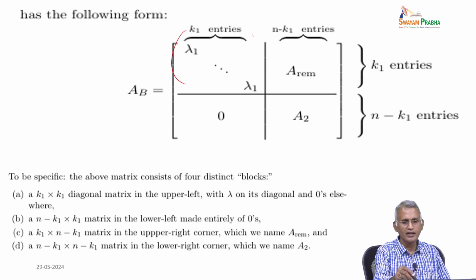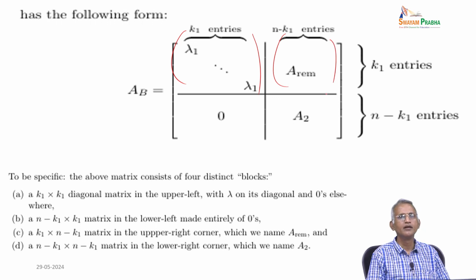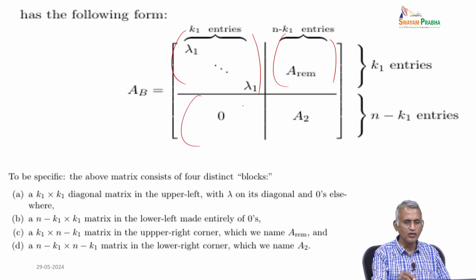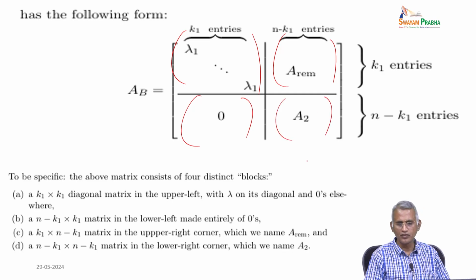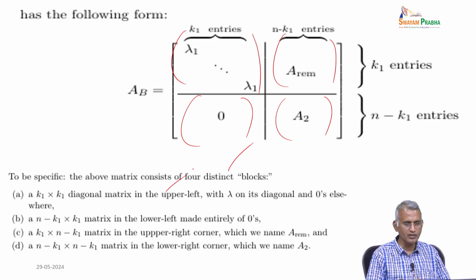In particular, our matrix has the following form: the eigenvalue lambda 1 on the diagonal of the first k1 columns, with zeros below the diagonal, and a block A2 of n minus k1 entries. To be specific, the above matrix consists of 4 distinct blocks. The first is a k1 by k1 diagonal matrix in the upper left with lambda 1 on its diagonal and zeros elsewhere. The second is an (n minus k1) by k1 matrix of zeros in the lower left.